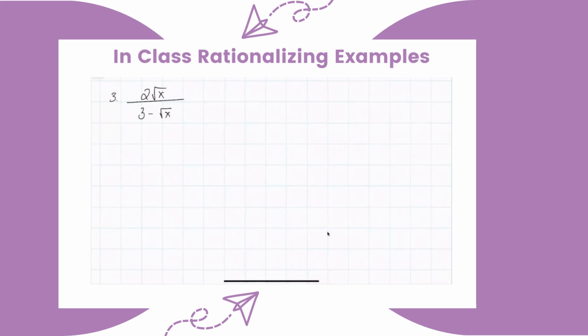I'm guessing you'd multiply it by 3 plus root x. Yeah. So multiply both the numerator and denominator by 3 plus root x. And we get 2 root x times 3 plus root x over 3 squared minus root x squared.